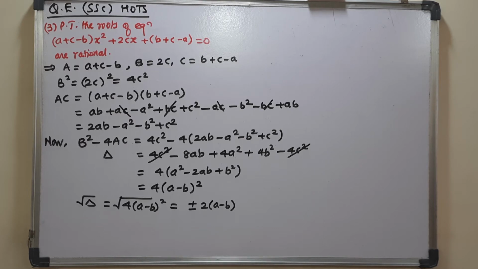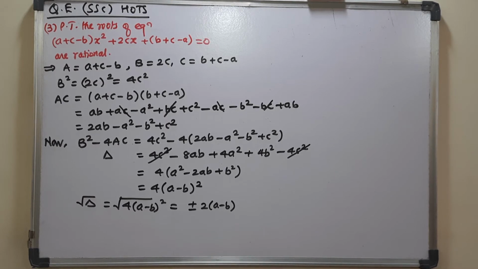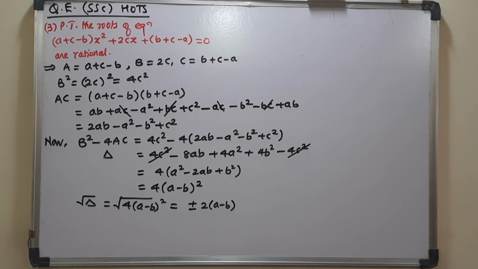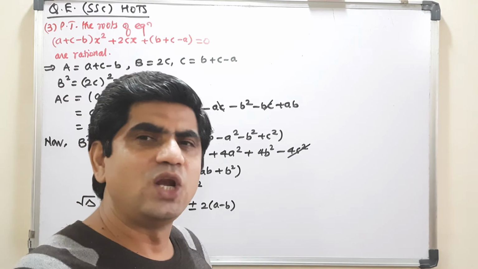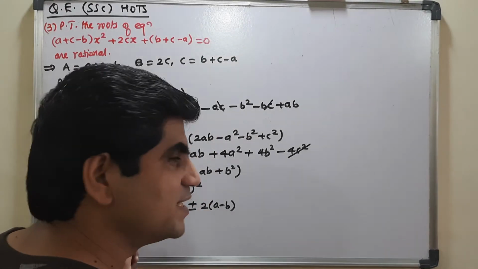The formula of your roots is minus B plus or minus under root B square minus 4AC. So that particular under root has vanished and it is replaced by either 2AB or minus 2AB. So in short, whatever answer you get will not comprise this radical sign.